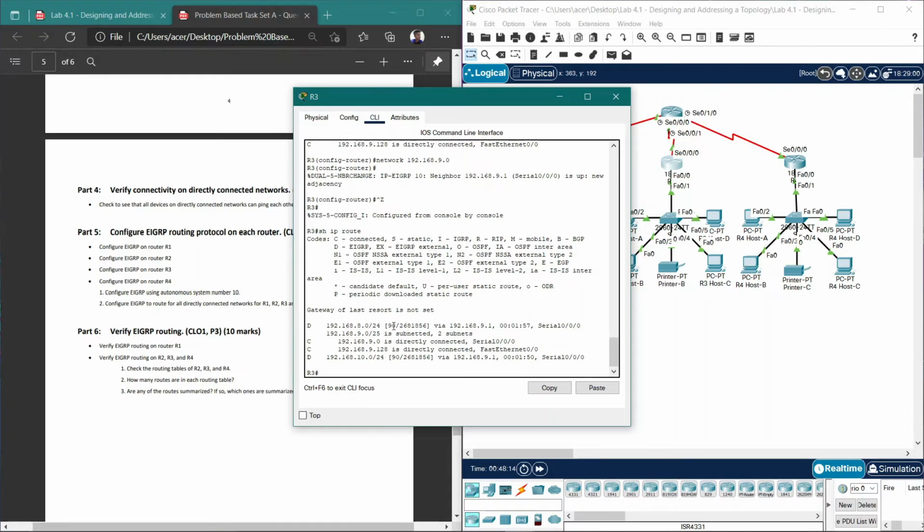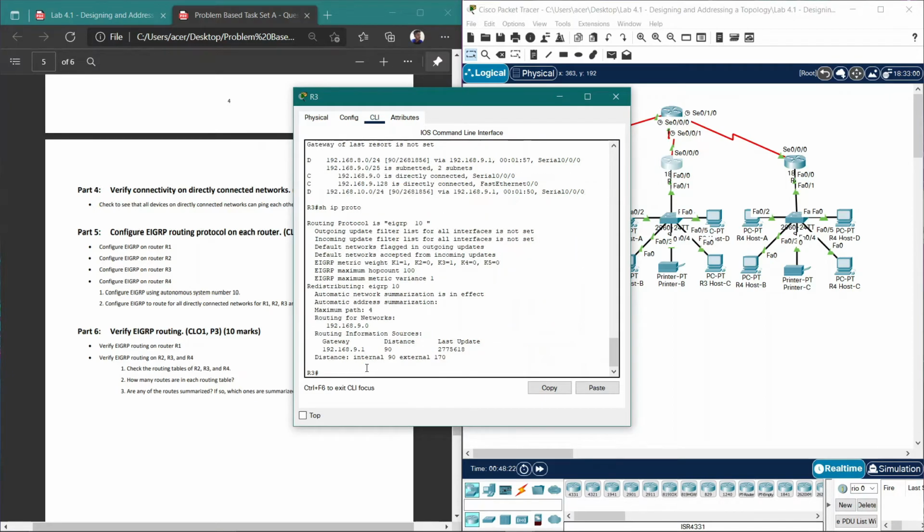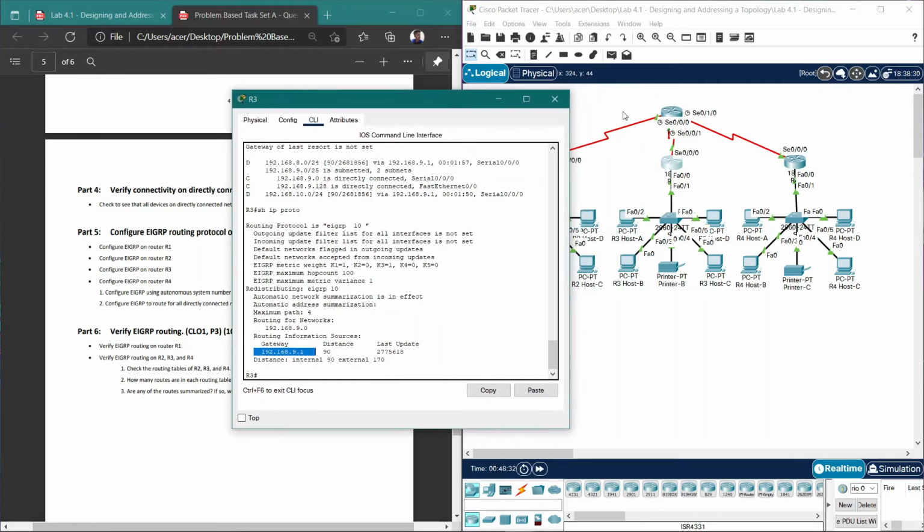So next will be R3. In show IP route we can see there are two EIGRP connections, 8.0 and 10.0. And in show IP protocols we can see the EIGRP 10, the routing for network, and the gateway 9.1, which will be the R1 interface.